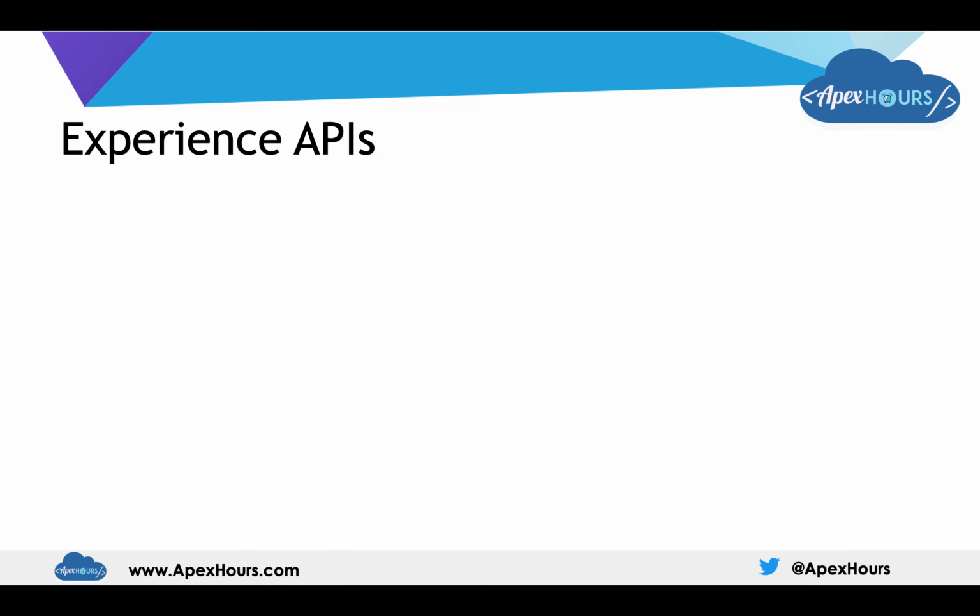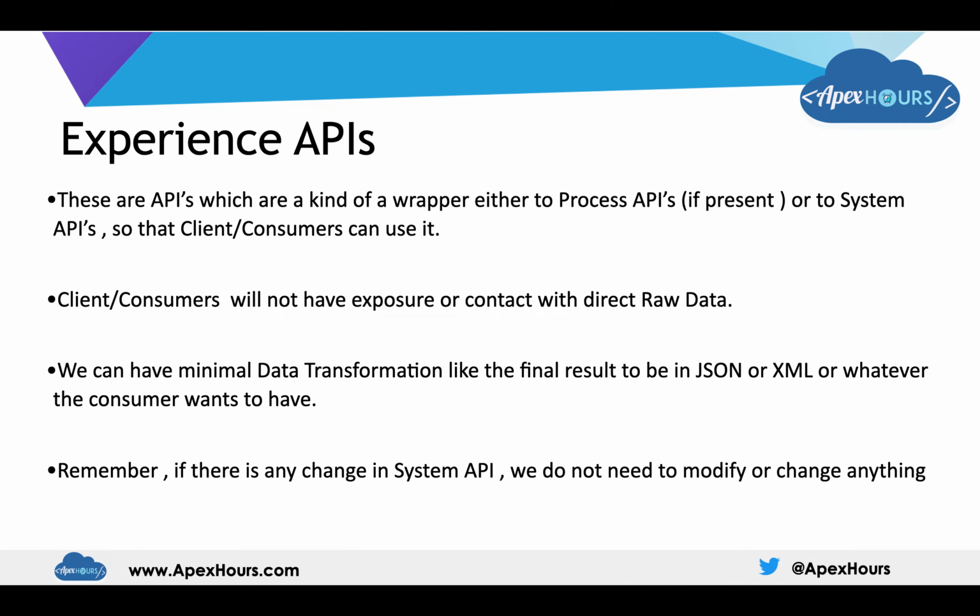Coming back to experience APIs, which are one of the important ones, because we always expose these to consumers or clients. These are APIs which are kind of a wrapper either to a process API or directly to a system API, so that the client or consumer can use it. Taking the order status example, we now have two system APIs and one process API.